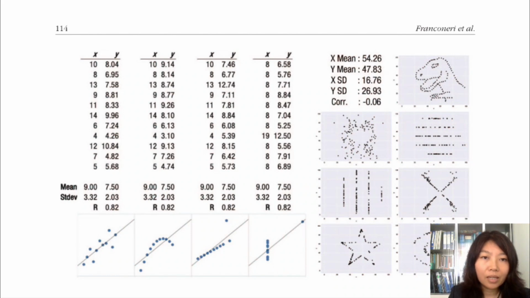So nowadays when we publish articles, we normally need to not just provide the numbers or the data, but also to draw different charts or figures.